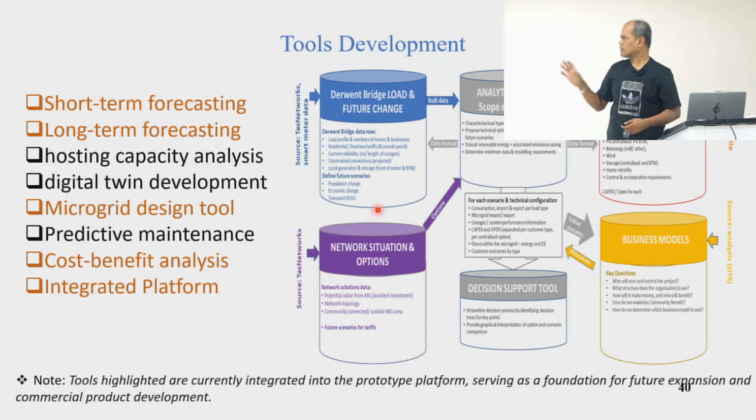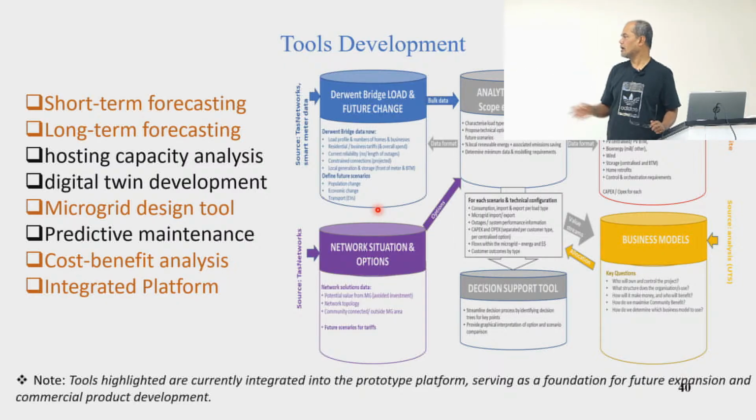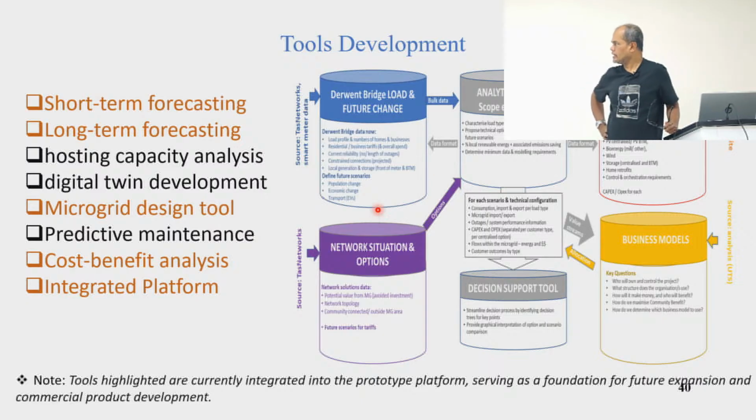In the project that I work on, I also have software we developed using Python. I'm going to show it maybe on the next slide. We developed all the tools that we need both for designing and operating a microgrid.